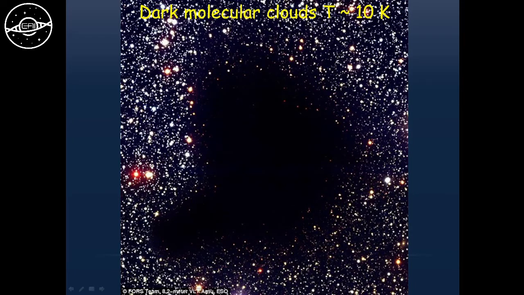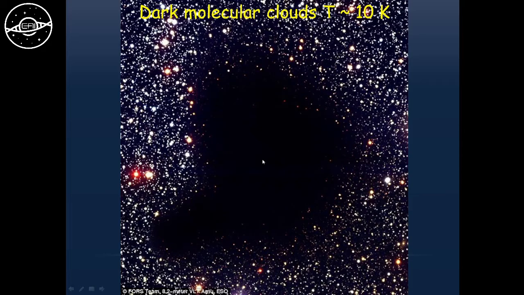Here you can see a picture of dark molecular clouds. They are mainly composed of dust particles, which completely block all visible light. Therefore, the temperature in these areas can be quite low, and temperatures around 10 K are rather common.